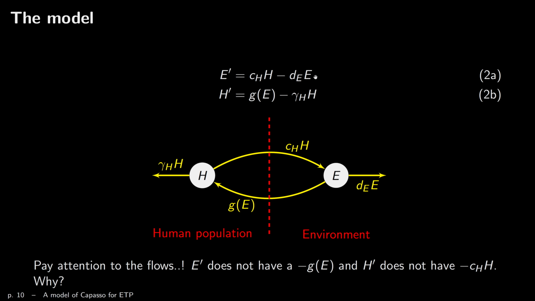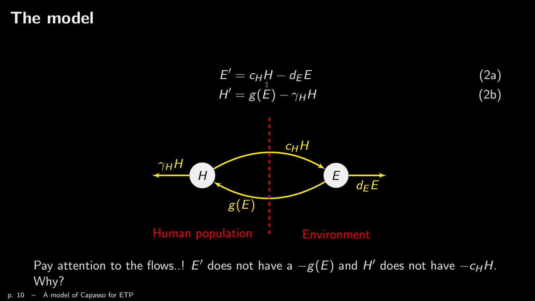And likewise, this DEE here is not added to the H equation, because what is important is that these are different types of individuals. So you can't, for example, say that a human transforms into a pathogen, but the flows are proportional to the number of humans, for example.